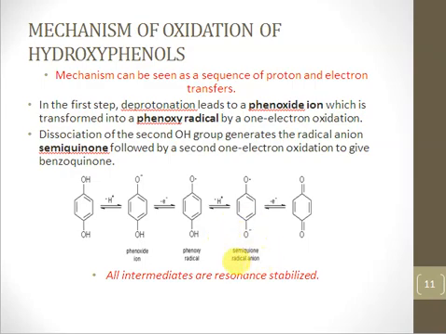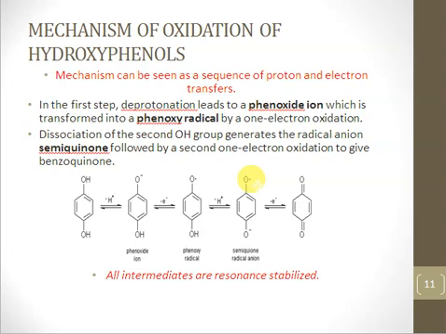Why are we saying radical anion? Because we have a free radical here, and we have a negative charge here, right? Therefore we are calling it a radical anion. This radical anion is known as semiquinone, right?